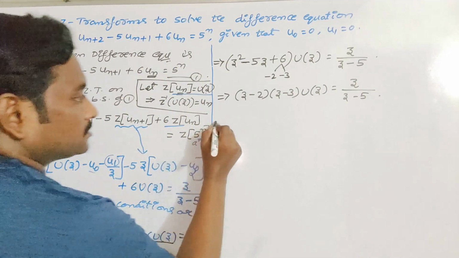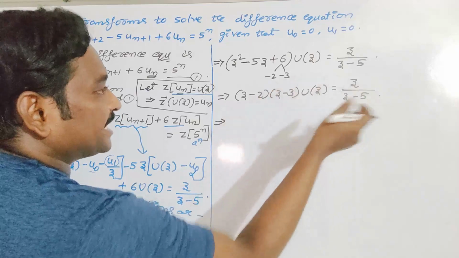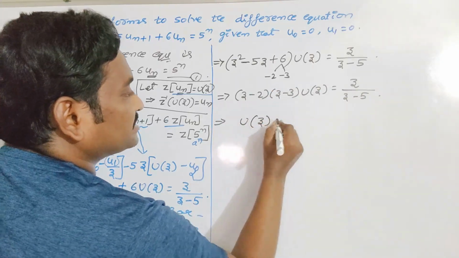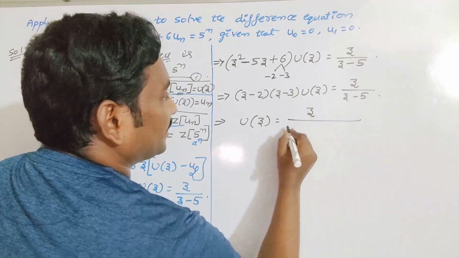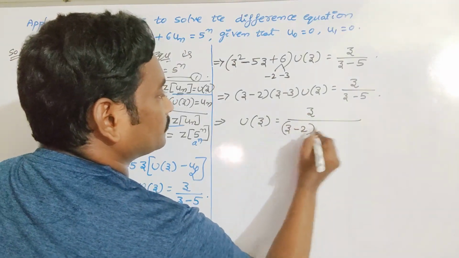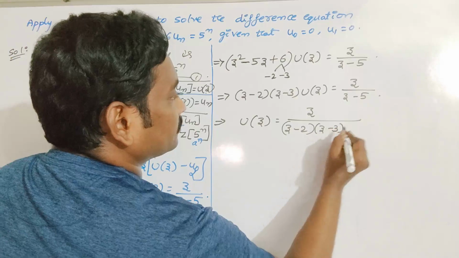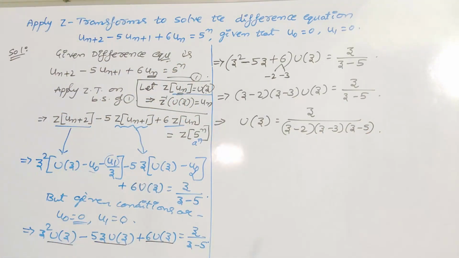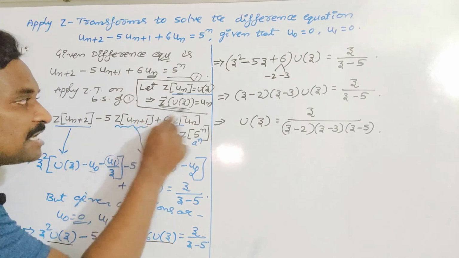Take these two factors to the right side. They become the denominator. U of z is equal to z by (z minus 2)(z minus 3)(z minus 5). To get the un value, we have to take the inverse on both sides.